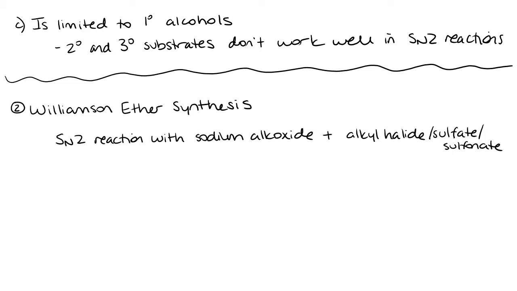So our second method for synthesizing ethers is the Williamson ether synthesis. Now this reaction is also an SN2 reaction, but instead of involving a weak nucleophile such as an alcohol, we're going to be using a sodium alkoxide, which can come from an alcohol, but is a strong nucleophile.